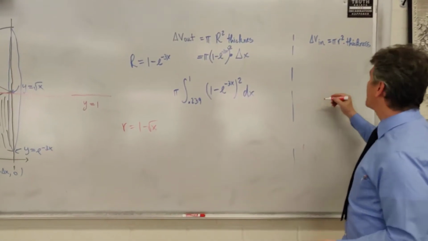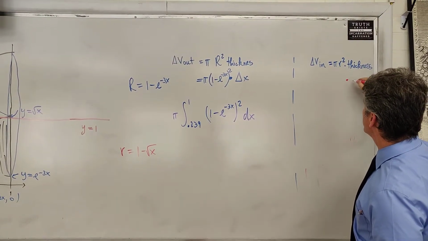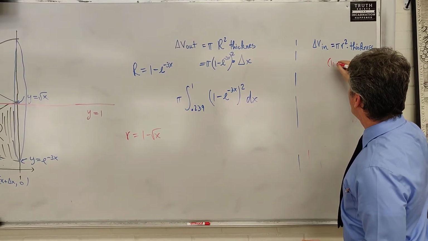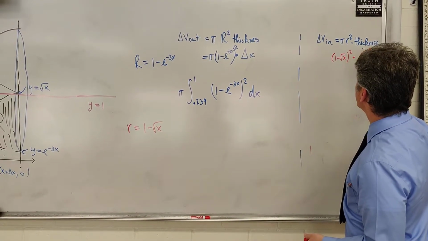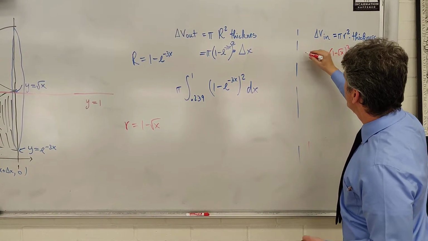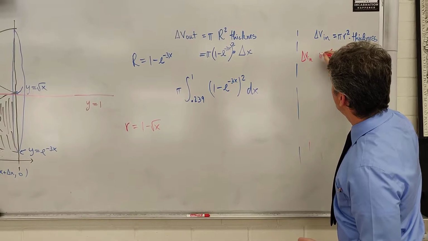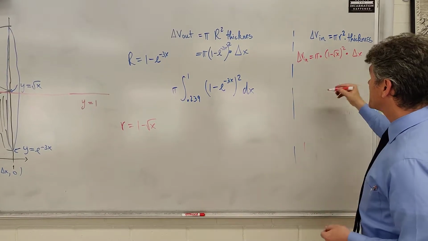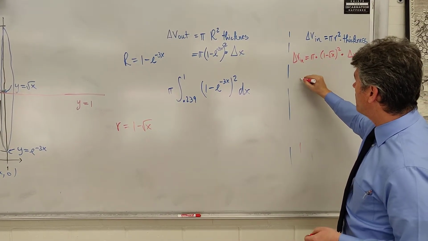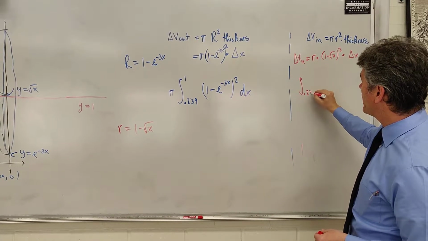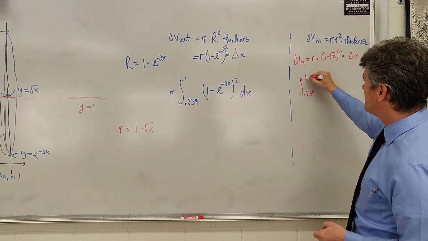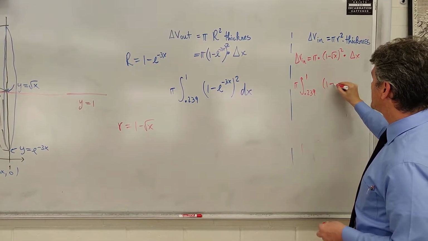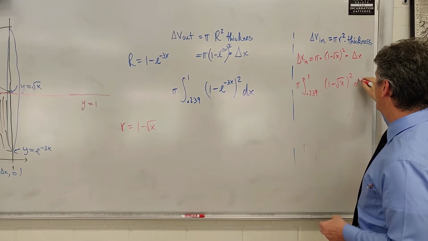We said the thickness is still the same, so this thickness is delta x. The radius, we found, is 1 minus the square root of x, quantity squared. The pi is the pi, and so this is the change of volume for the inner cylinder. What does this become? This now becomes the integral from 0.239 to 1 of pi times (1 minus the square root of x) squared dx.